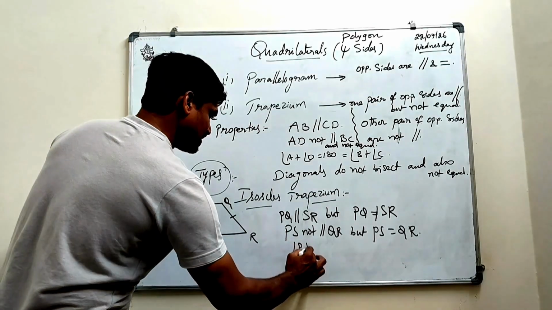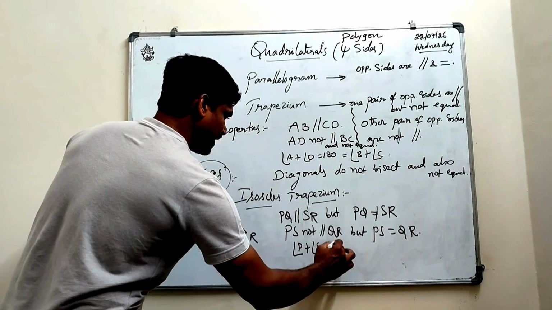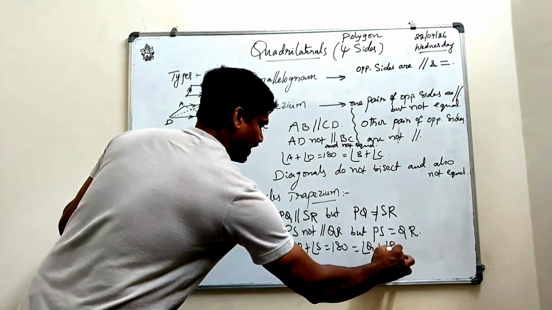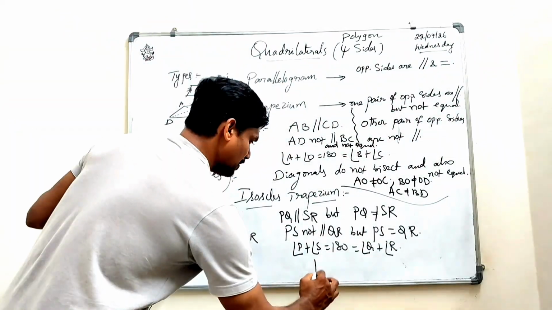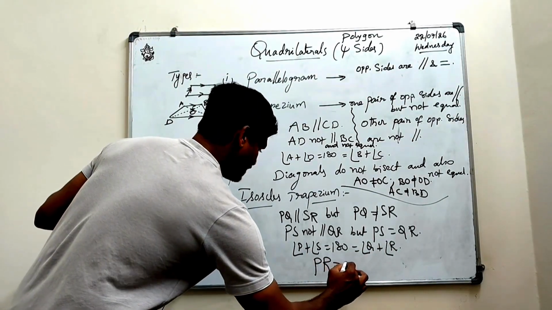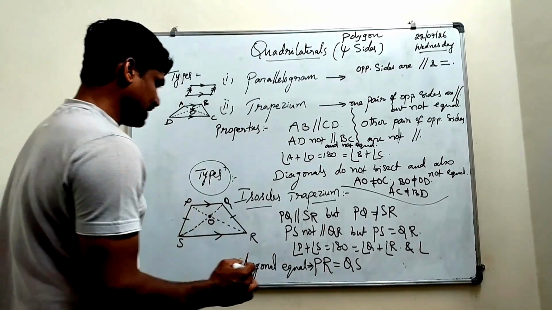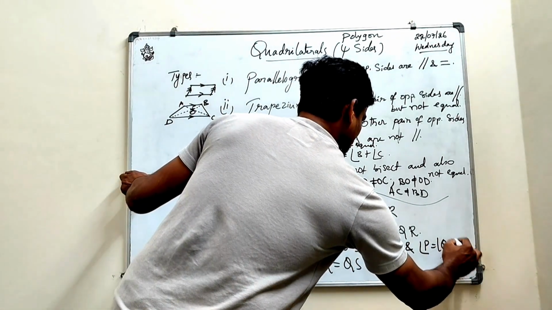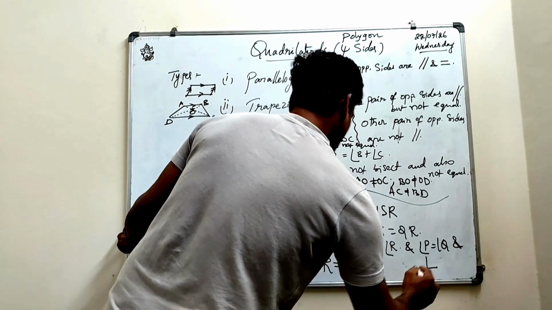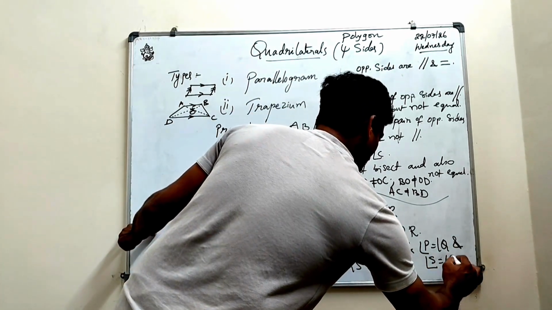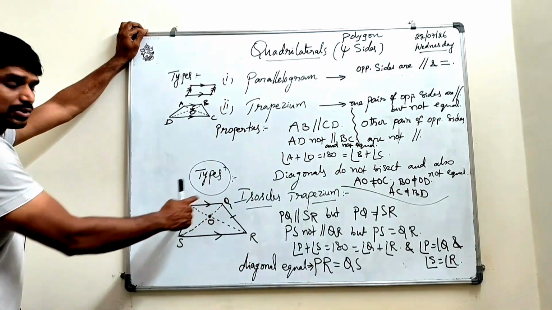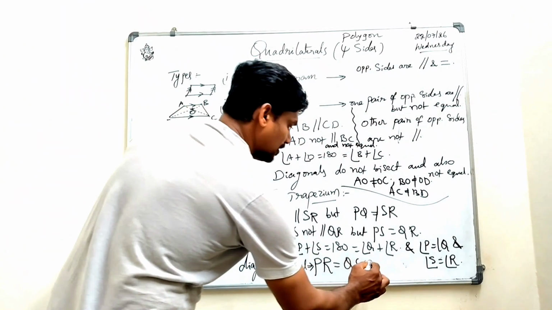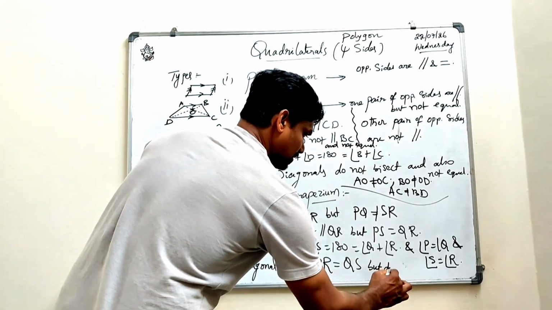Angle P plus angle S is equal to 180, which is equal to angle Q plus angle R. Again, if we talk about diagonals, PR is equal to QS. Adjacent angles are equal also. Angle P is equal to angle Q and angle S is equal to angle R. Upper two and lower two angles are equal. Diagonals are equal but do not bisect.